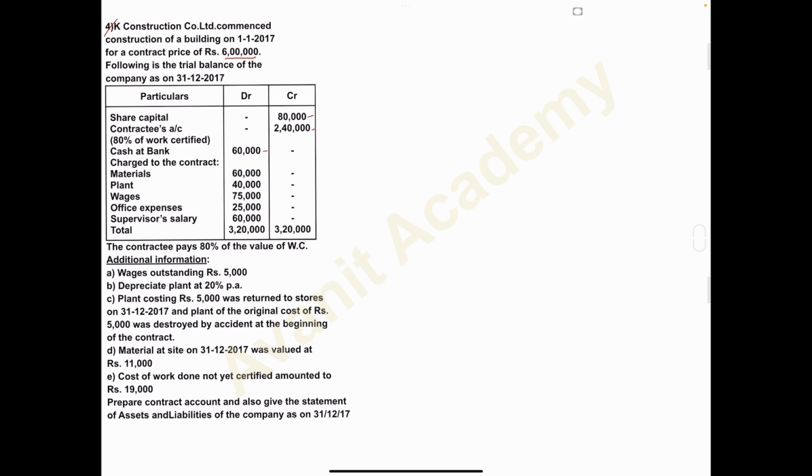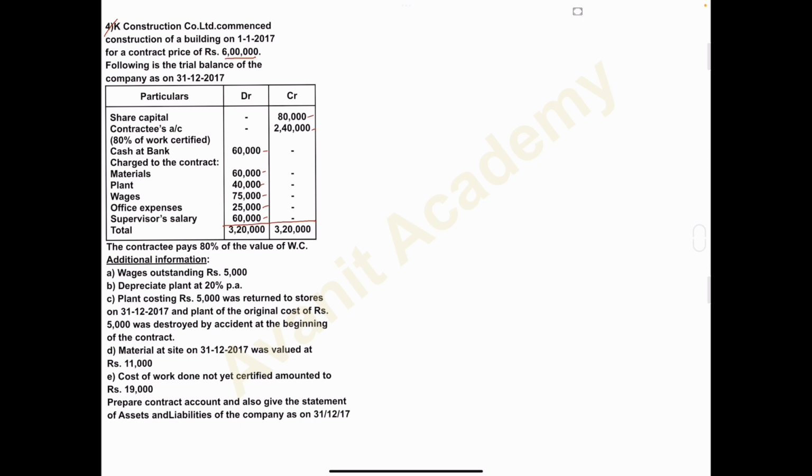Cash at bank 60,000. Charge to contract: material 60,000. Plant 40,000. Wages 75,000. Office expenses 25,000. Supervisor salary 60,000. And the total of debit and credit is 3,20,000. Debit side 3,20,000 and credit balance also the same 3,20,000.